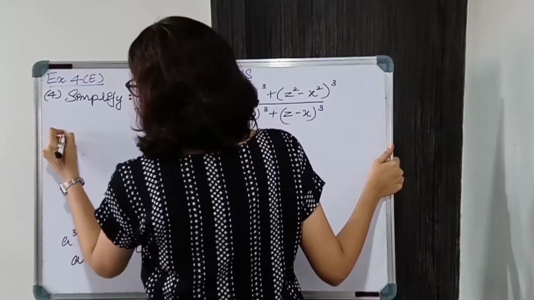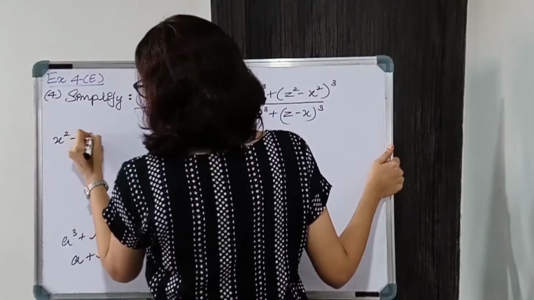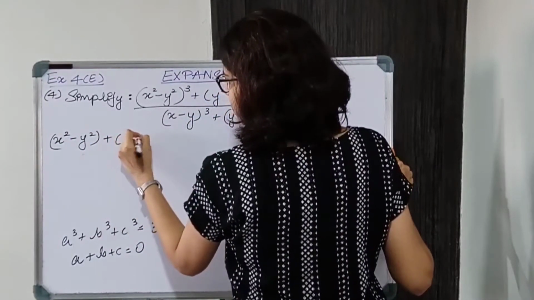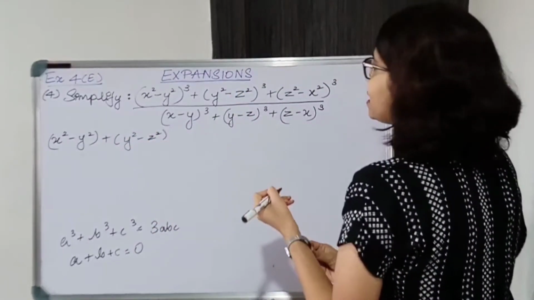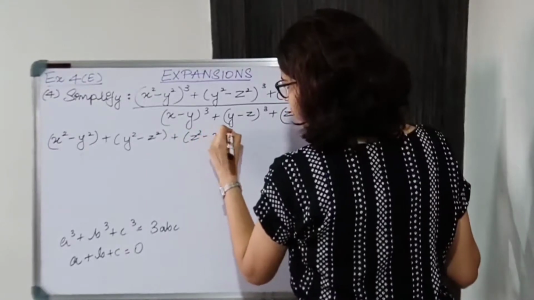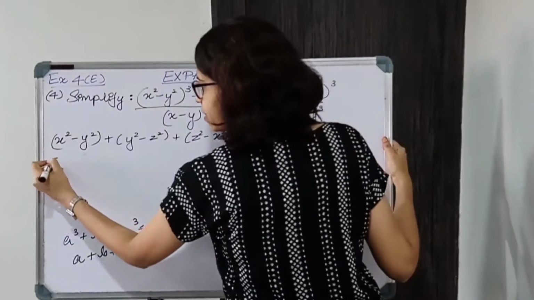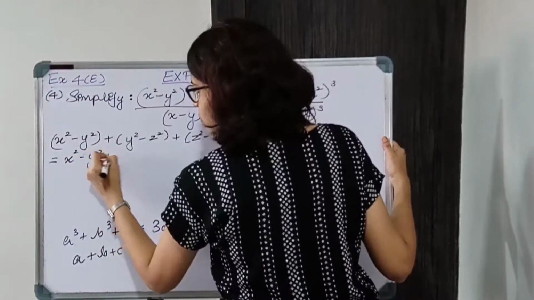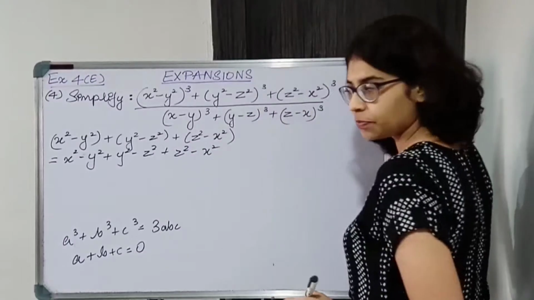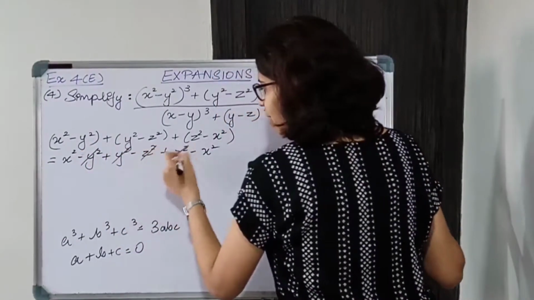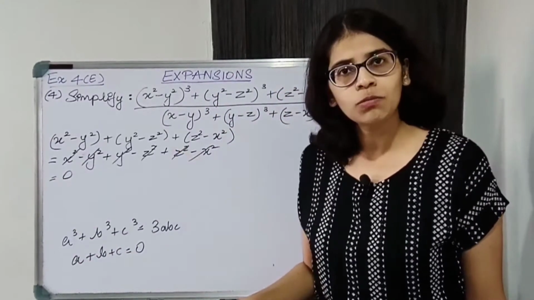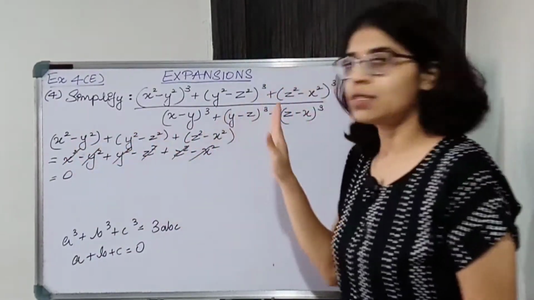So x square minus y square plus y square minus z square plus z square minus x square. So all the terms are getting cancelled over here, so we are getting 0. This is a, this is b, this is c, students.